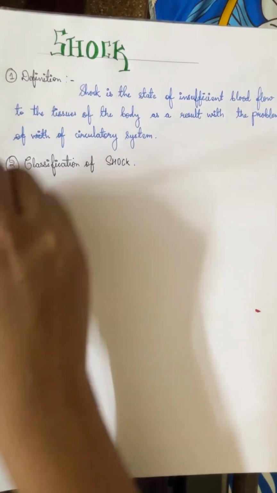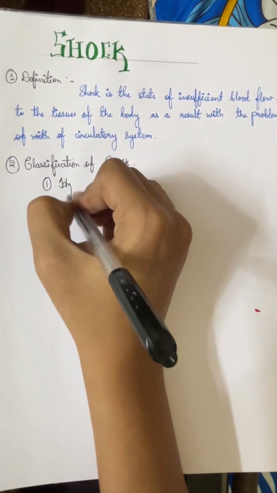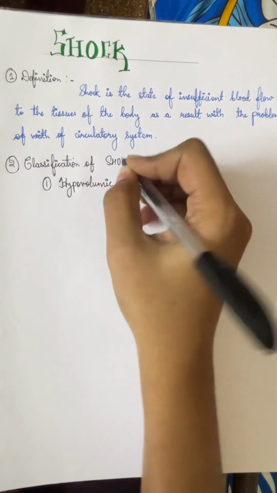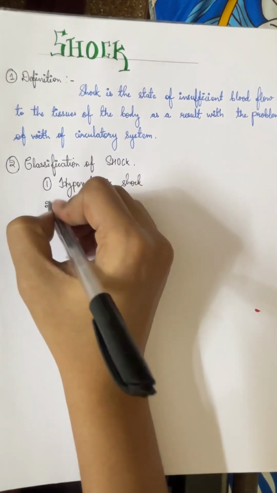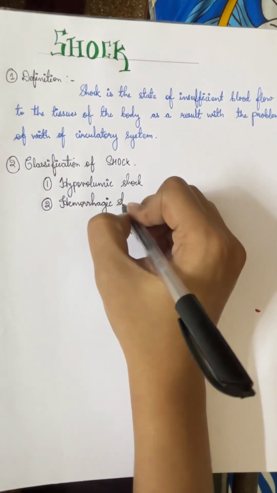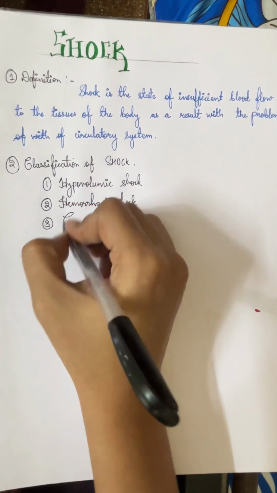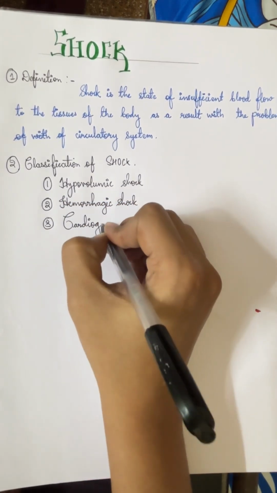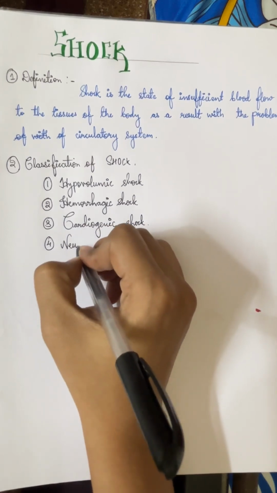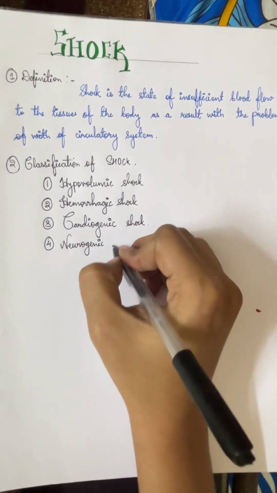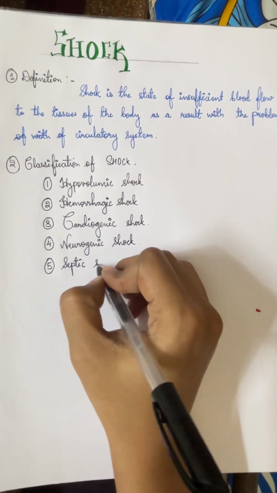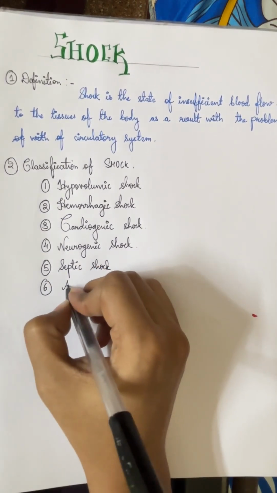Shock is categorized as first hypovolemic shock, second hemorrhagic shock, third cardiogenic shock, fourth neurogenic shock, fifth septic shock, and sixth anaphylactic shock.